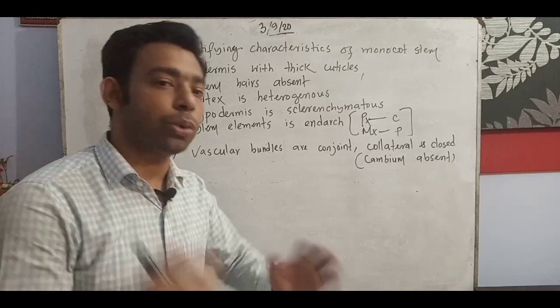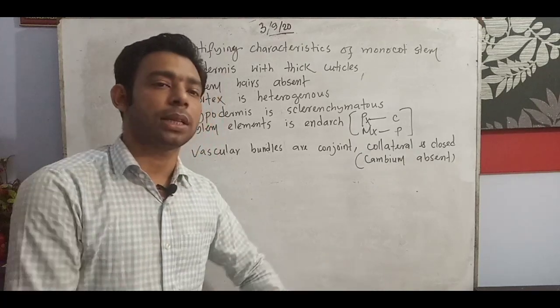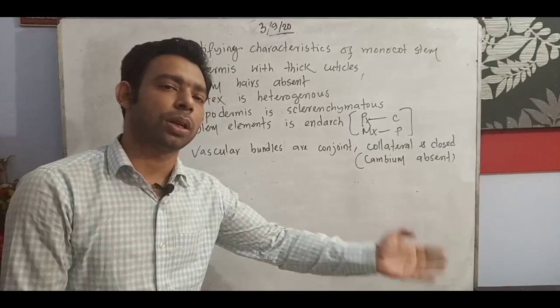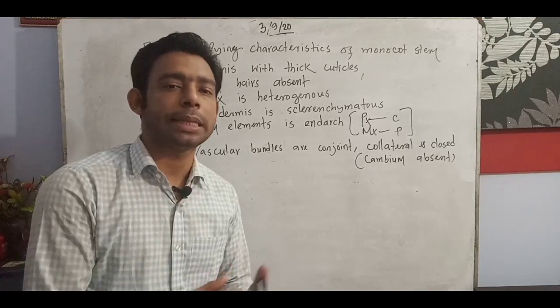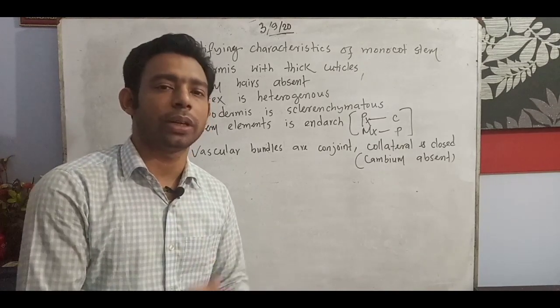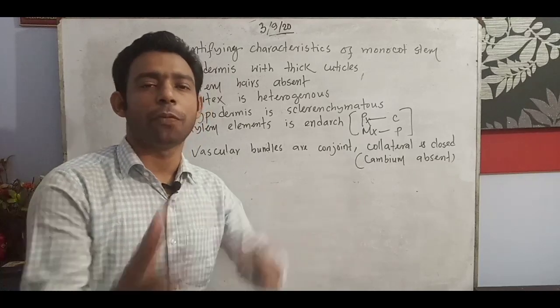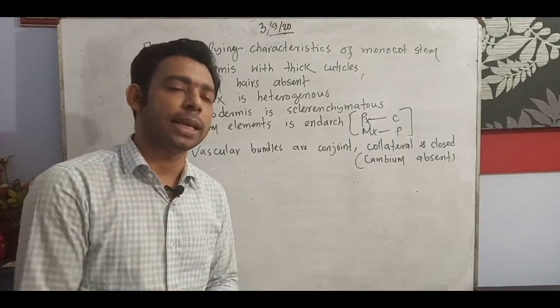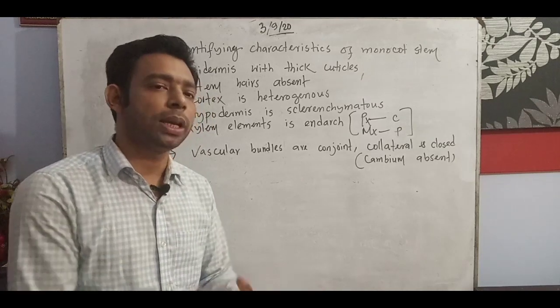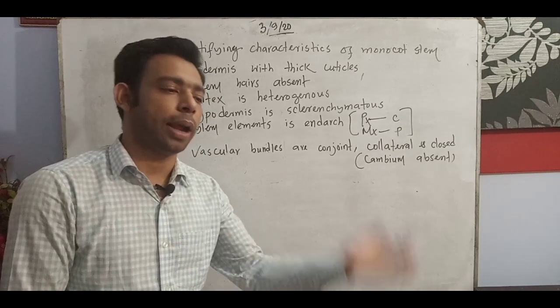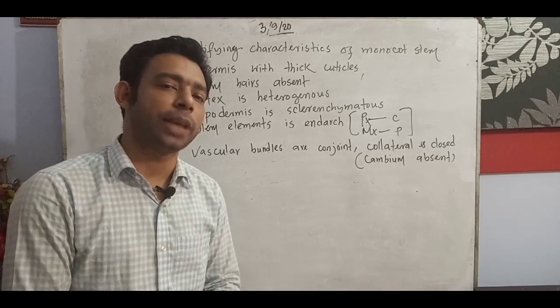I also discussed vascular bundles, their types, with drawings, in the class of 27 August, before the last class. Whoever did not attend that class properly, please visit it and connect from there.